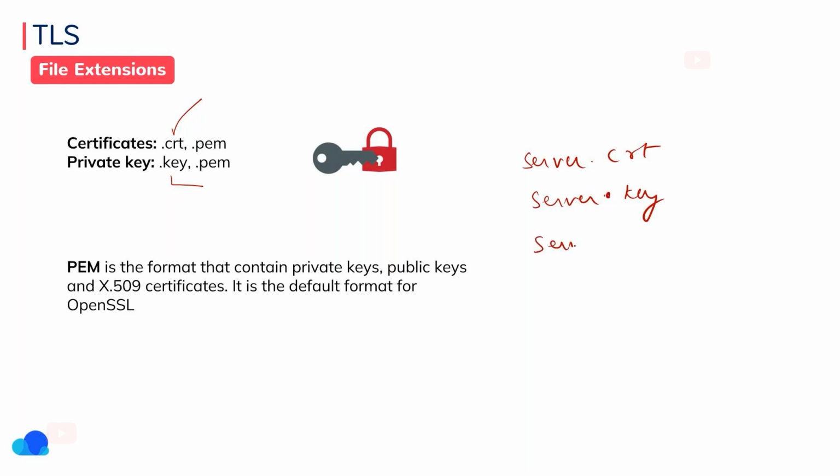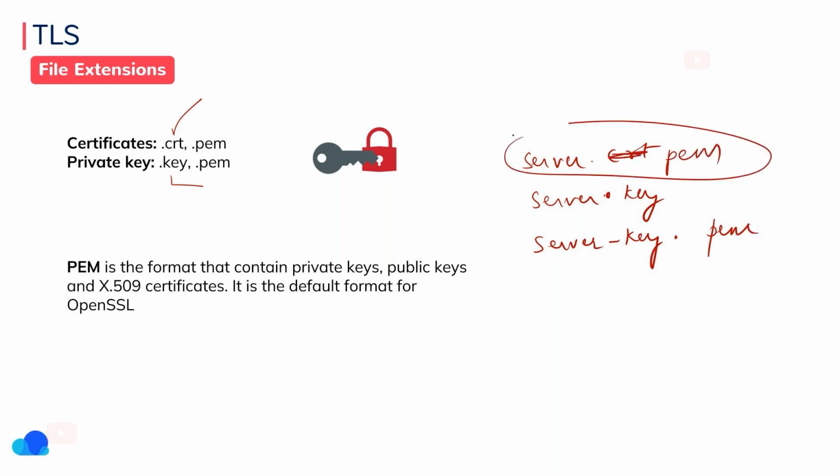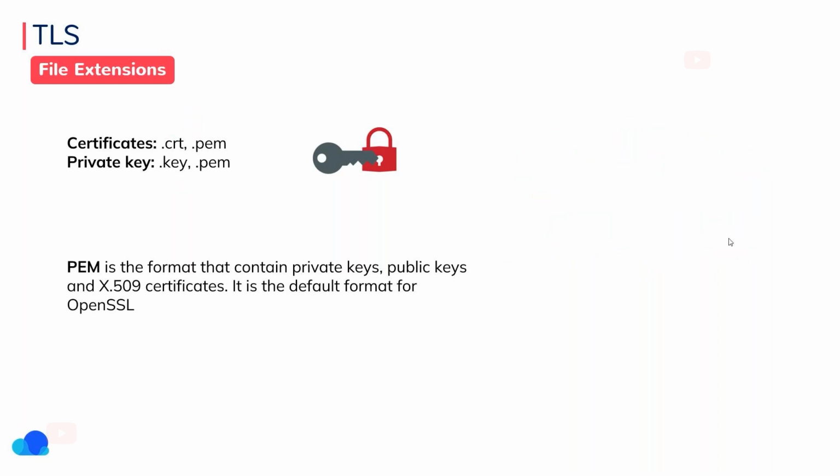Otherwise, sometimes you'll also have this kind of name followed by pem. So if you have server.pem, remember that this is the certificate, but if you have a key, then that is the private key. Okay, clear? So usually it is CRT and key. It's a standard naming convention.